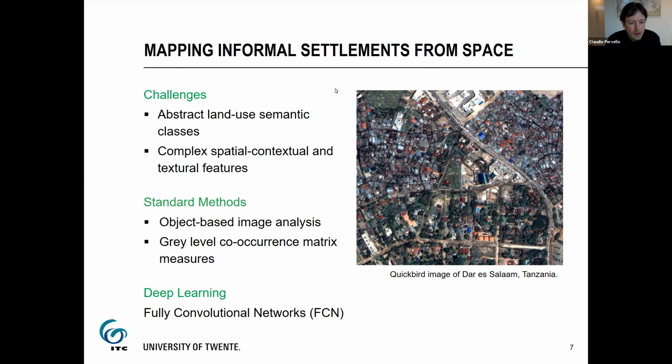For this reason, we have investigated convolutional networks, or more specifically, fully convolutional networks to produce semantic segmentations of the image, therefore detecting where the slums are distributed over a city or a region.